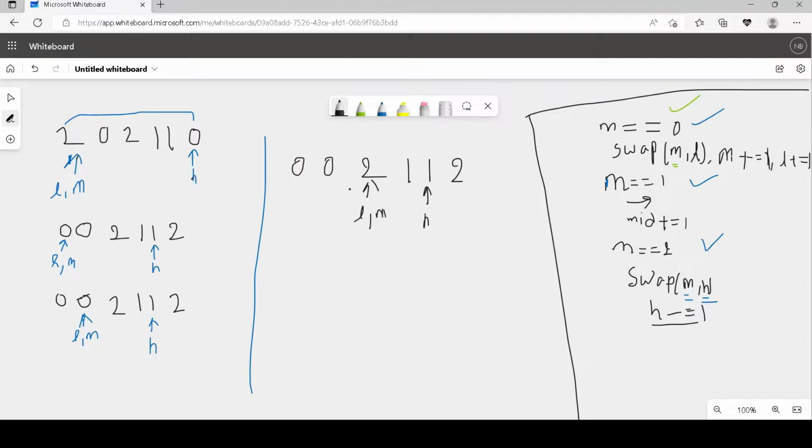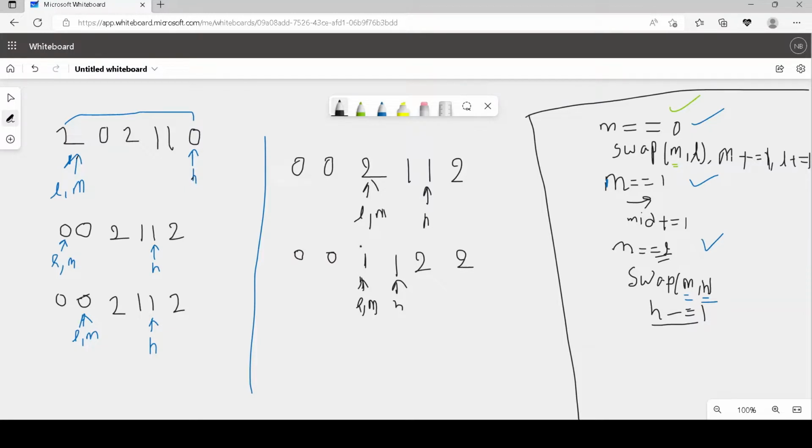Now the element at the mid pointer is 2, so what I have to do? I have to swap the element at the mid pointer with the element at the high pointer. So I will swap mid and high, and I will decrement the high pointer by 1.